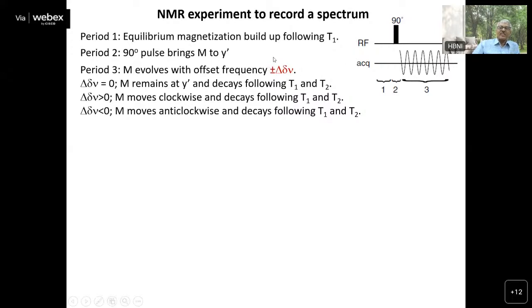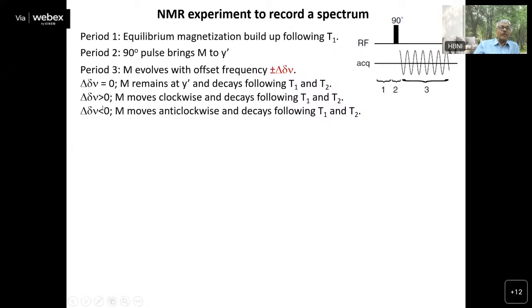So this is nothing but an offset frequency. Now when delta nu is equal to 0, that means when this magnetization comes to the Y prime axis, it does not rotate at all. It will always remain along the Y axis, and it will decay following T1 and T2.